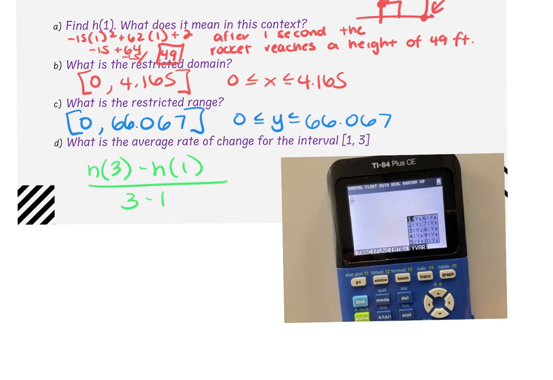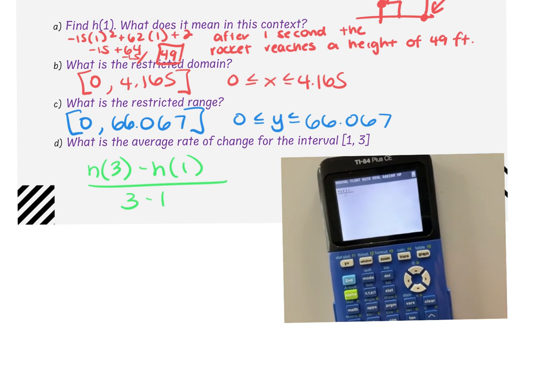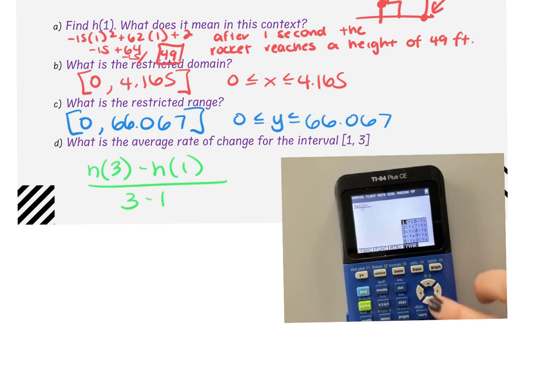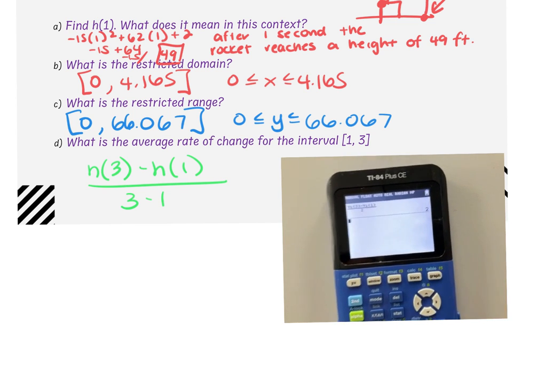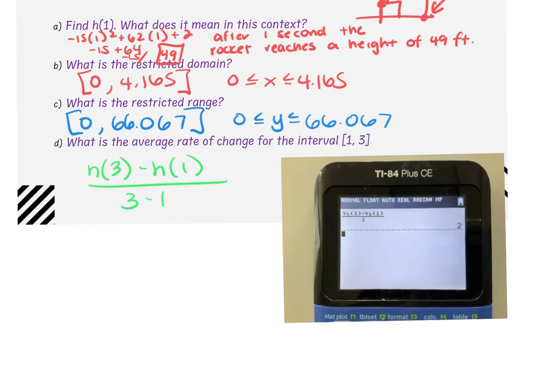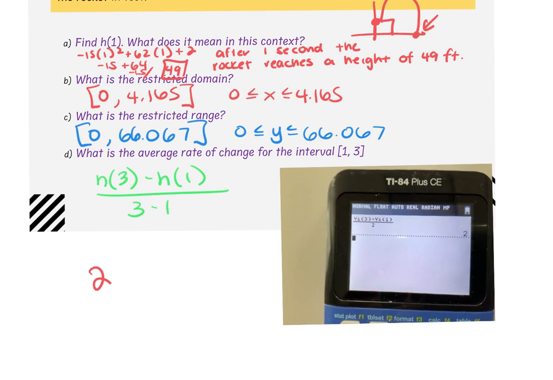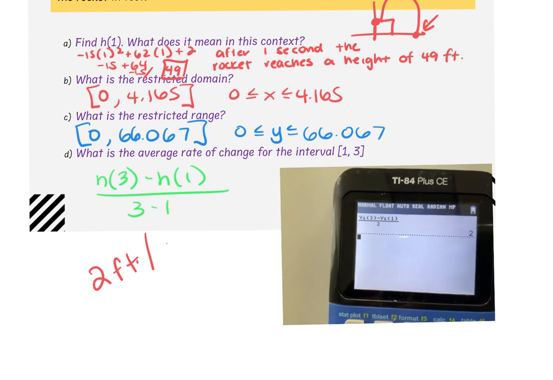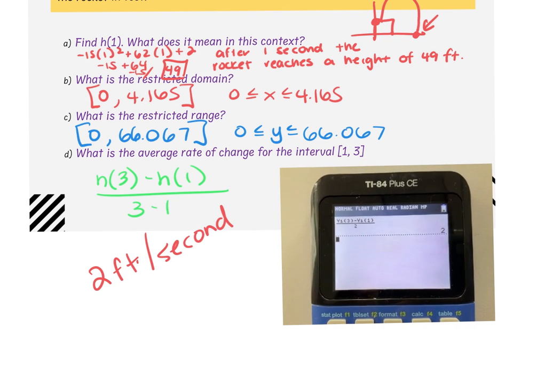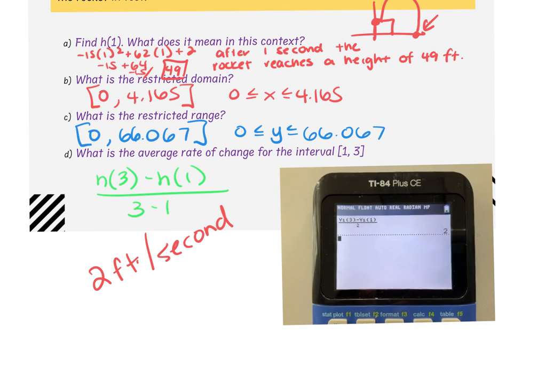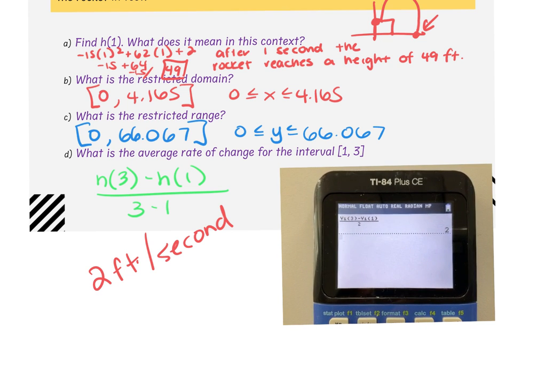Alpha, trace, minus 1 over 3 minus 1, which is 2. And so my rate of change is 2 feet per second. Questions? Should have moved you today.